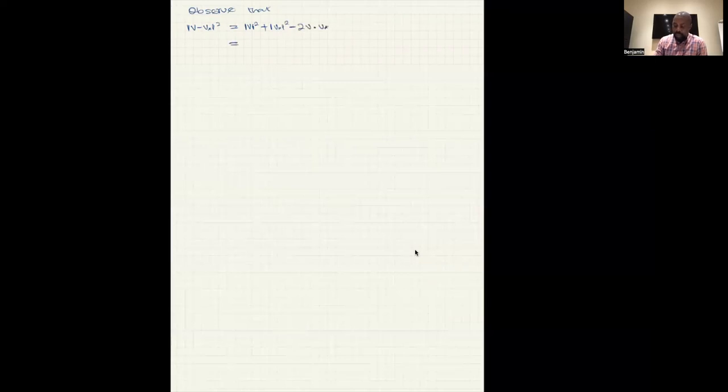This is equal to the absolute value of V squared plus the absolute value of V star squared plus the absolute value of V squared plus the absolute value of V star squared minus the absolute value of V squared minus the absolute value of V star squared minus 2 V dot V star.